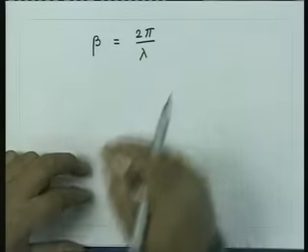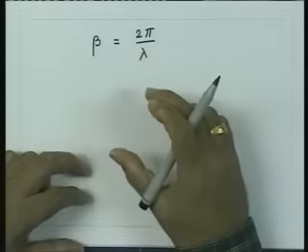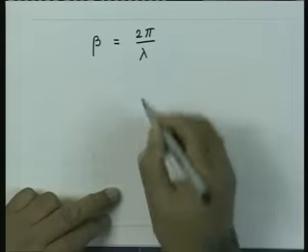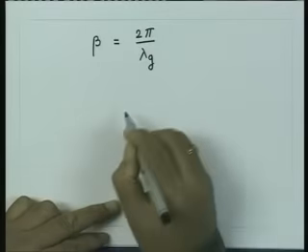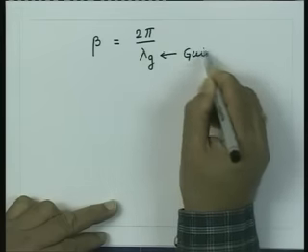This is the wavelength which we are going to measure along the length of the waveguide, or the wavelength for that guided electric and magnetic field distribution inside the rectangular waveguide. That is the reason we call this wavelength the guided wavelength, and we put a suffix g to this.